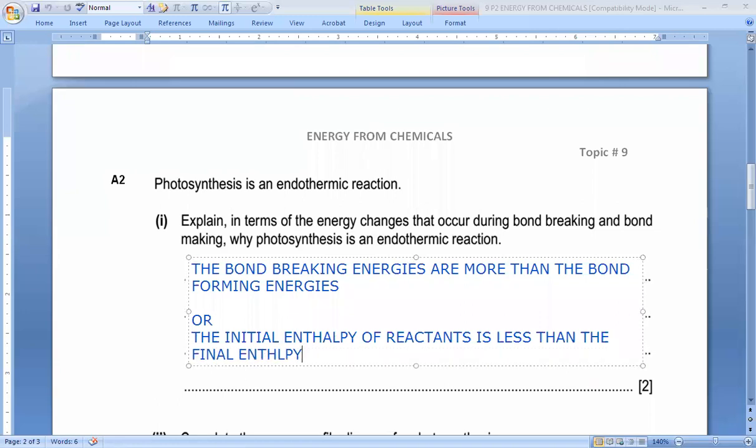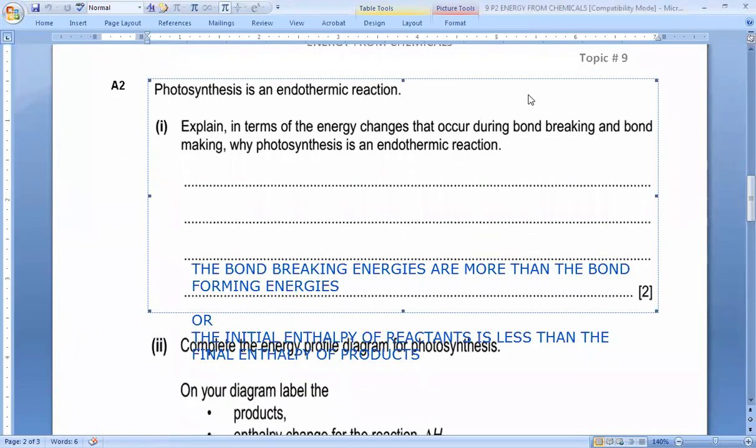Enthalpy means energy of products. That is why this reaction is considered an endothermic reaction.